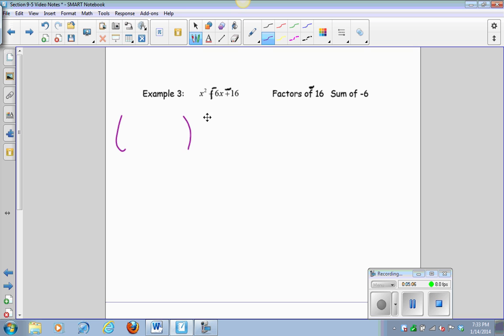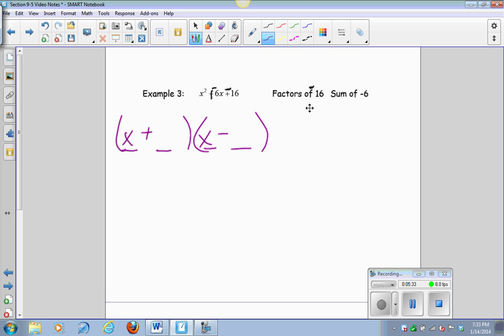I am going to put the parentheses in for each binomial and put my lines in for the places where I would put each of the terms. In order to get a negative 16, I know I must multiply a positive number times a negative number. I'm going to put x in the first place in each binomial, because x times x gives me x squared.